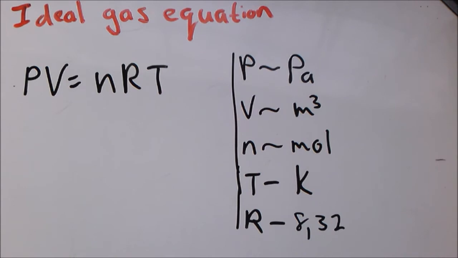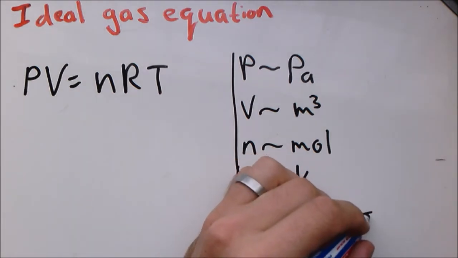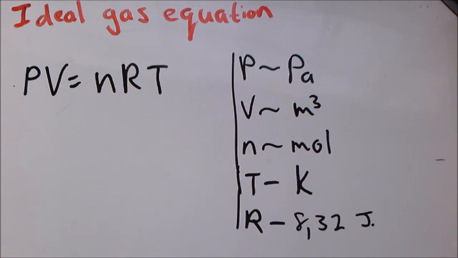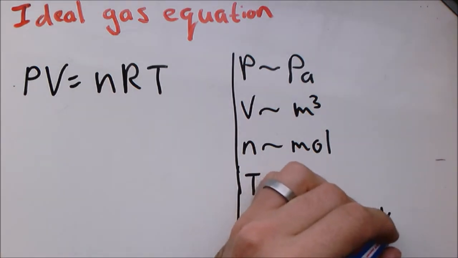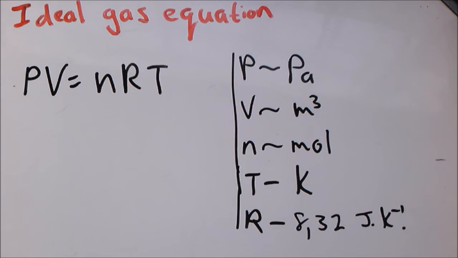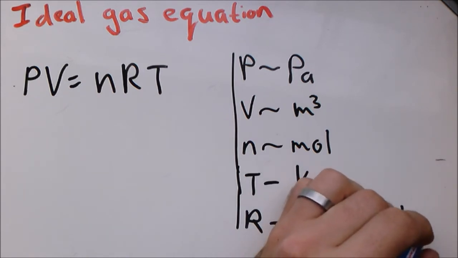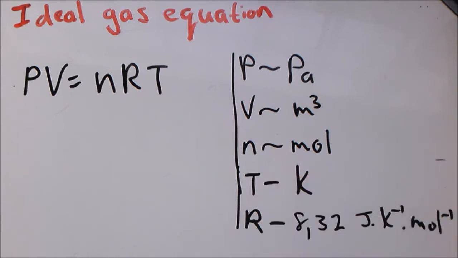It's technically 8,314, but we are going to work with 8,32, and this unit is joule per Kelvin per mole. And that constant will be given. Okay, so this is the ideal gas equation.